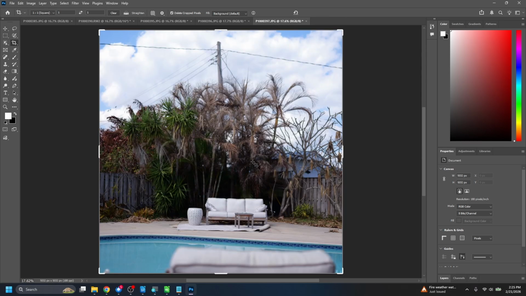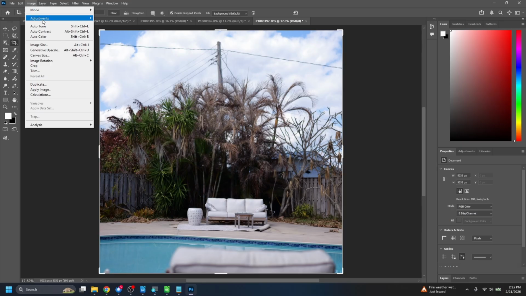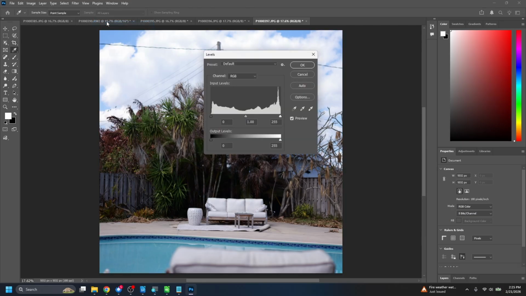This image, which is properly exposed, not necessarily exposed to the right. Let's look at its histogram. Okay. So this is slightly exposed to the right, but we have virtually no data loss here.